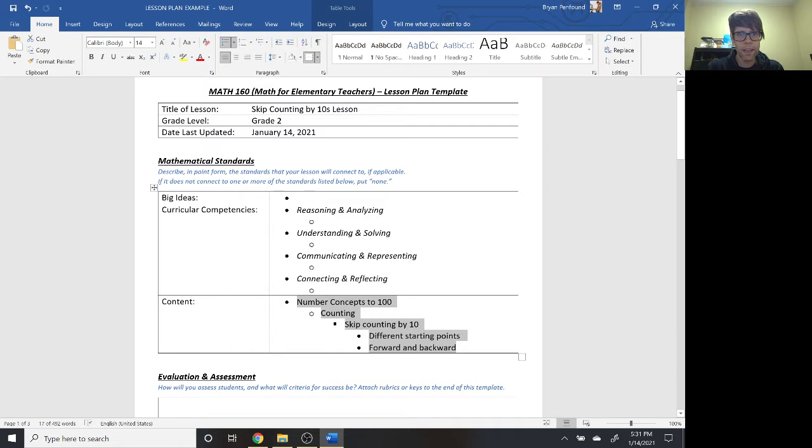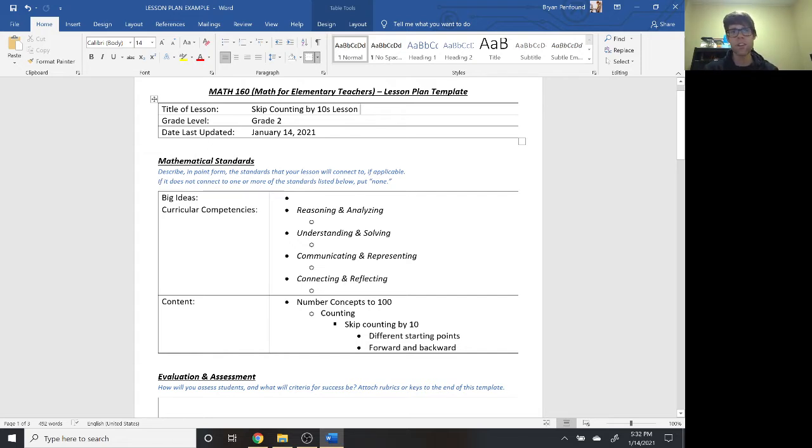I've also gone ahead and tossed in some information here. I'm building this on January 14th of this year. Of course, as your lessons develop over time, the date of last update could change, right? So it's worthwhile to let yourself know when you last updated this. Working with grade 2s, and I just put in a nice little title here that says skip counting by 10s lesson.